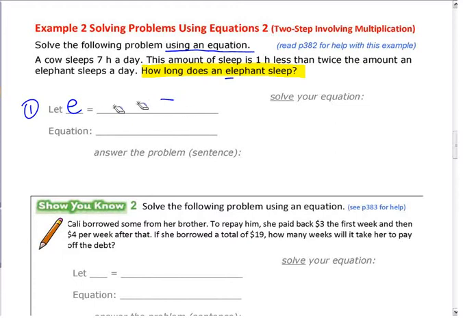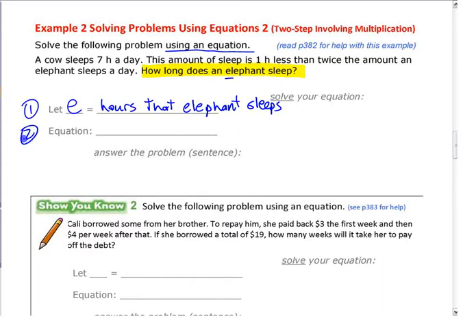If you just say E equals elephant, it could be its weight, its height, its amount it sleeps, how much money it has, I don't know. Put at least a couple words here, like hours that elephant sleeps, something like that to start with. So that's step 1.